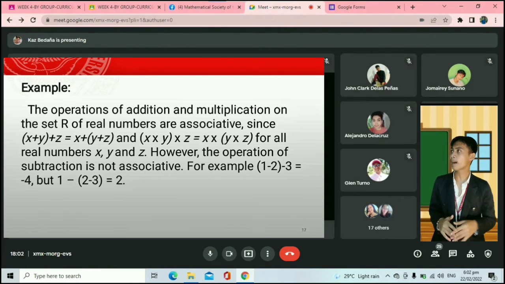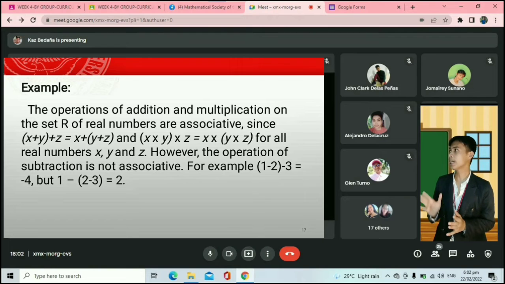For example, (1 minus 2) minus 3 is equal to negative 4, but 1 minus (2 minus 3) is equal to 2. So the results of our operations are not the same.